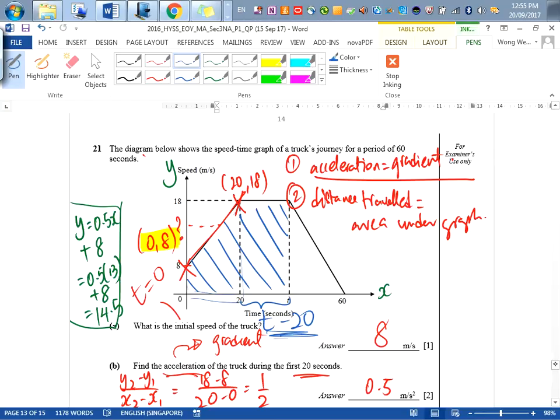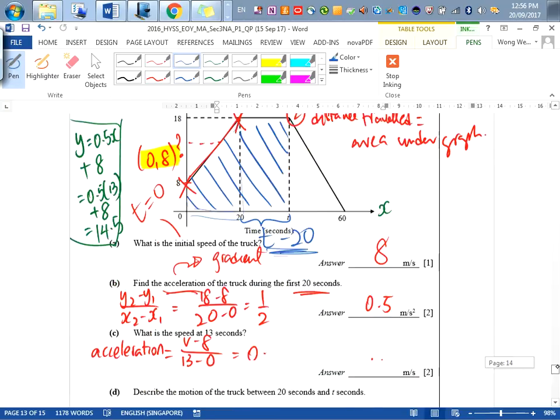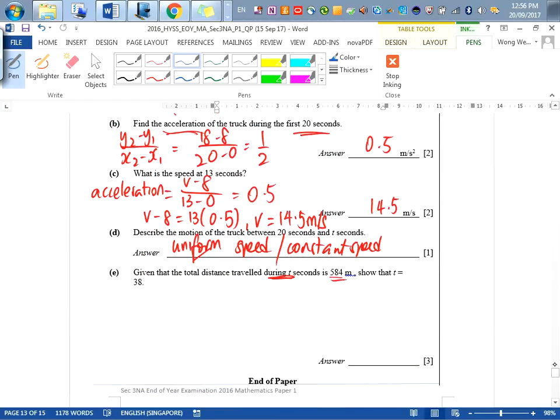Alright, so let's see. The distance traveled during the first t seconds. Total distance is equal to half times the sum of parallel sides, which we had 8 plus 18, times the perpendicular height, that was 20, then plus the area of the rectangle, right? So that is another 18 times t minus 20. Correct or not?